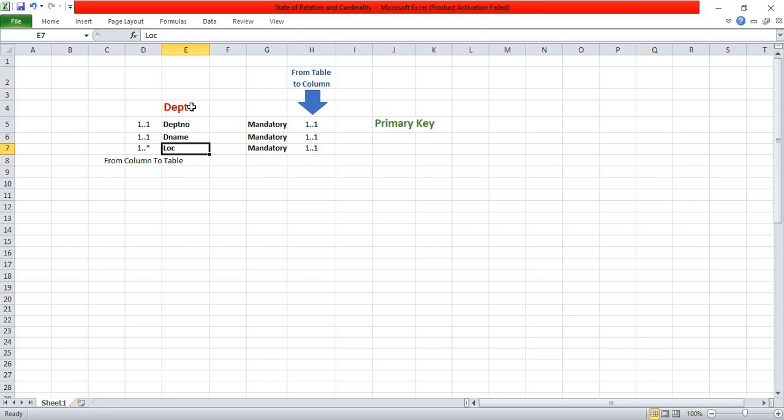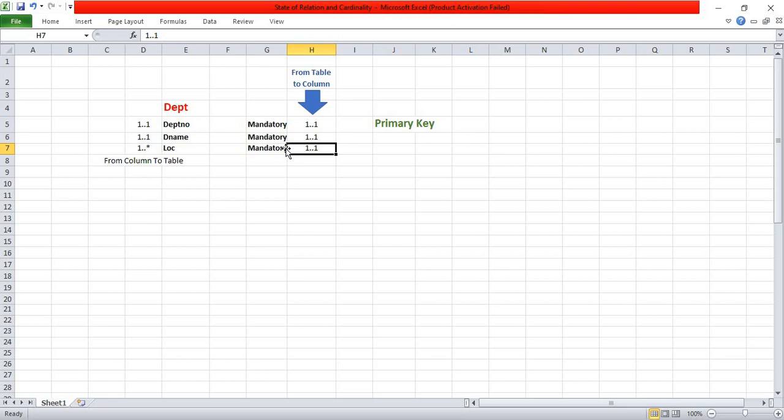So when we are talking about column to table, it is based on your scenarios. But when you are talking from table to column, you see all are one to one only. The first, basic and most important rule of RDBMS is that whenever you are talking from table to column, it should always be one-to-one cardinality.